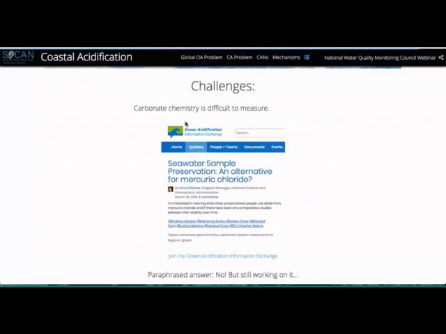I just wanted to plug the new Ocean Acidification Information Exchange that'll be linked here. This is a new platform for collaboration and communication about acidification. About 2 weeks ago, this question came up about alternatives for mercuric chloride. Mercuric chloride is something we need when we poison samples for DIC and TA, just to kill off any microorganisms that might be respiring CO2 in the samples.